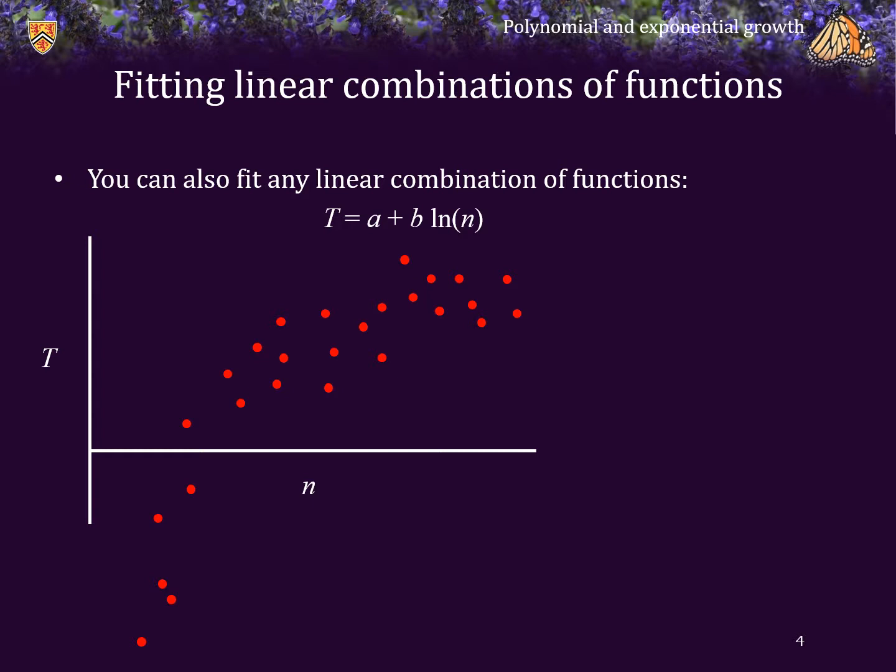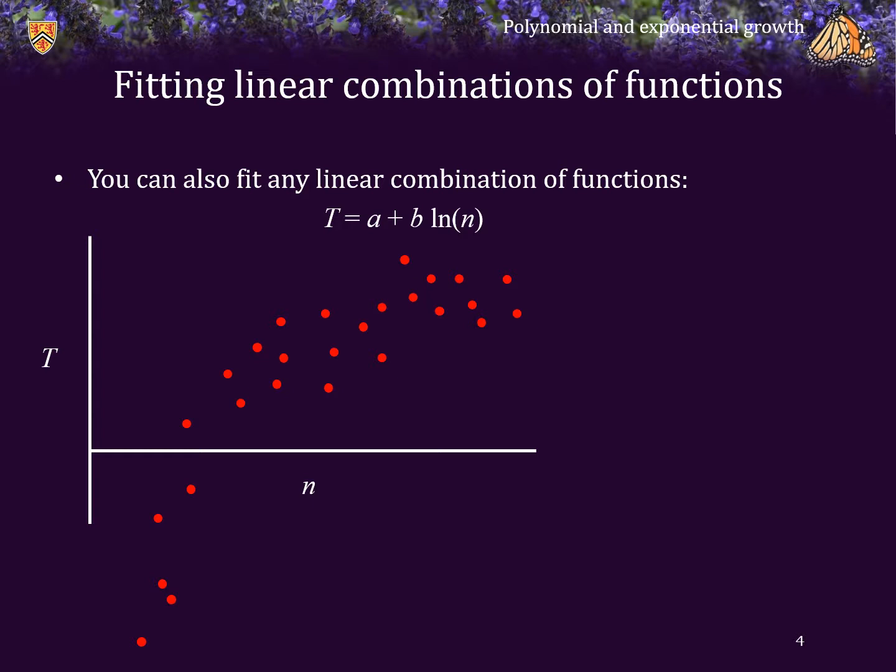So in this case, we may look at this data and suspect it is of the form some constant plus b times the logarithm of n. So in other words, it's a times the function 1 plus b times the function ln of n.